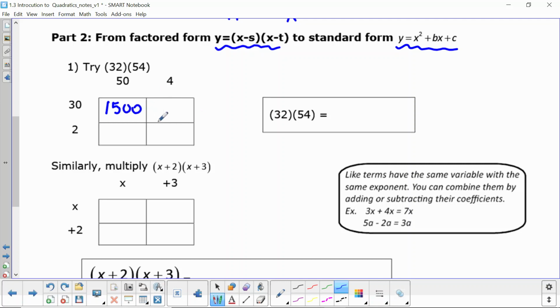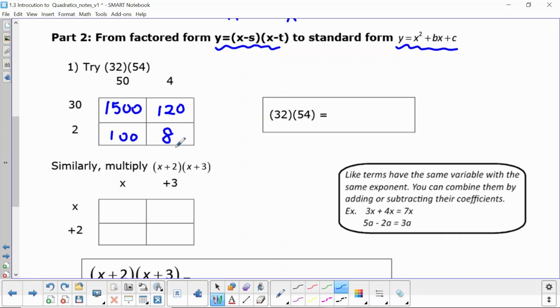For this area, one side is 30, another side is 4. This is not to scale, okay? So 30 times 4 gives you 120. Then for this rectangle, the area is 50 times 2, which gives you 100. And for this area, 4 times 2 gives you 8.